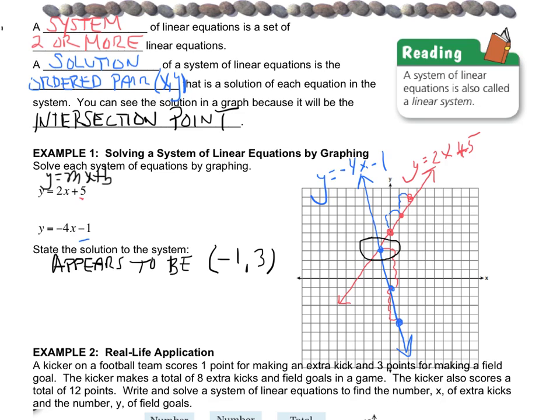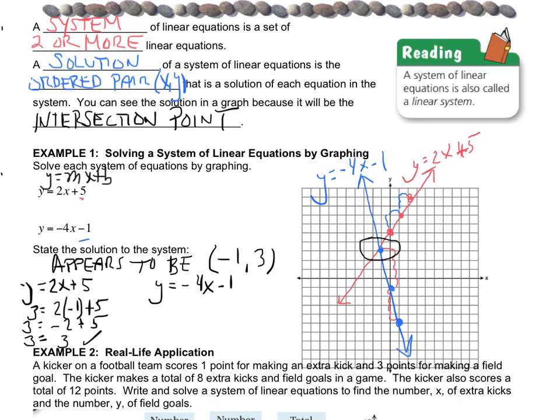The way I know this is the right answer is I should be able to take both equations separately and plug in negative 1, 3. So in the first one, that's going to be 3 equals 2 times negative 1 plus 5. Now I have all numbers, so I would just use my regular PEMDAS. Basically what I'm looking for is negative 2 plus 5, 3.